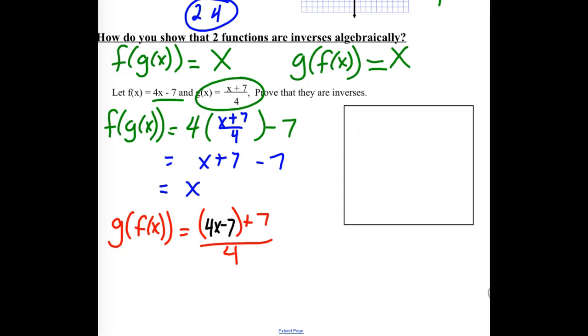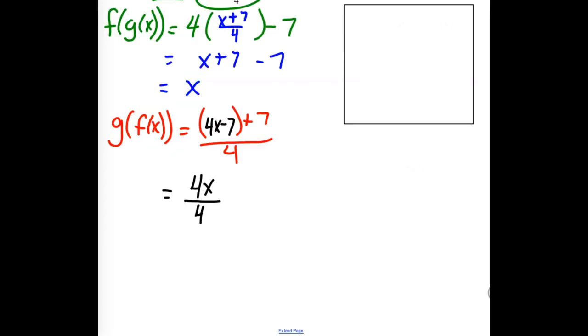We've got 4x minus 7 plus 7 divided by 4. The 7's get reduced first, because before we divide by 4, we have to clean all that up on top. So this is going to turn into 4x divided by 4. The minus 7 plus 7 cancel each other out. Then I can divide and I end up with an x.